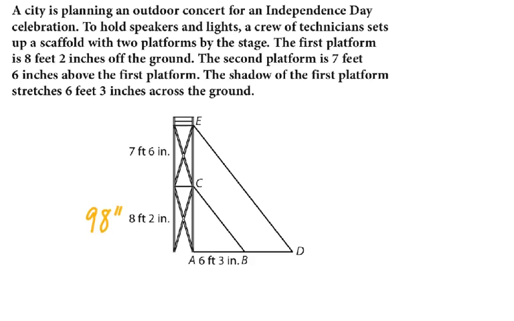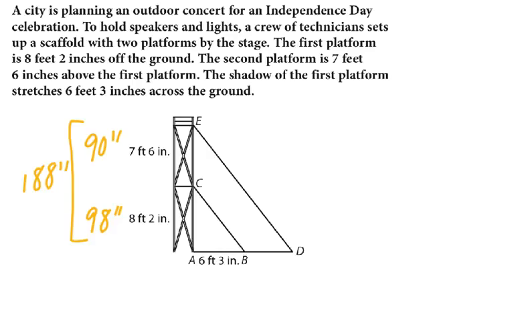The second platform is 7 feet 6 inches above that first platform. So 7 feet 6 inches is 90 inches. So the height here is 188 inches all the way up.